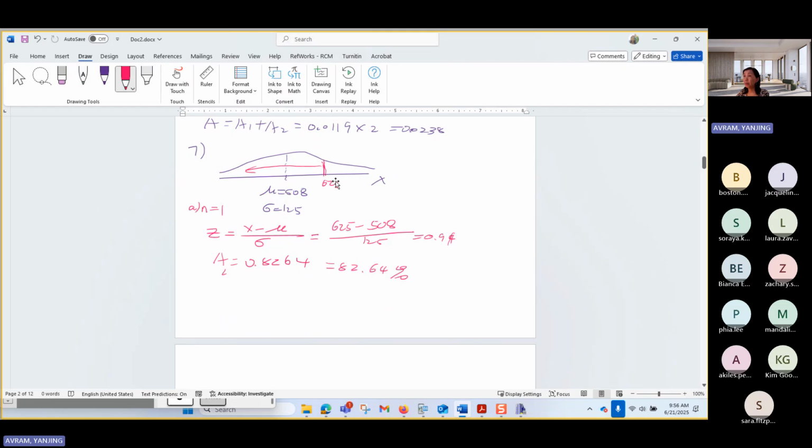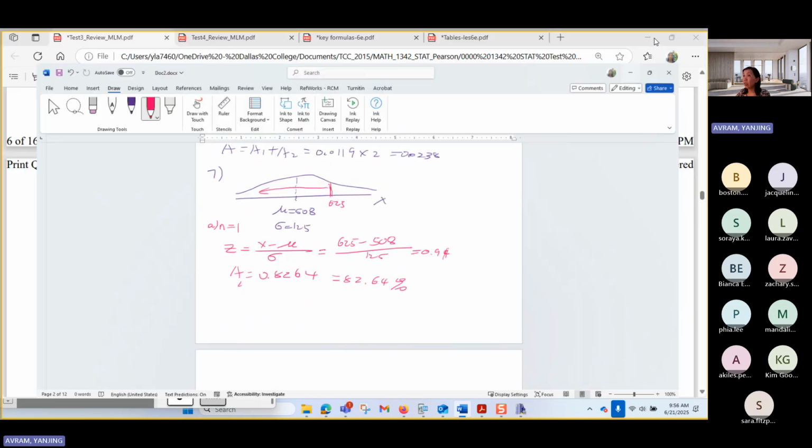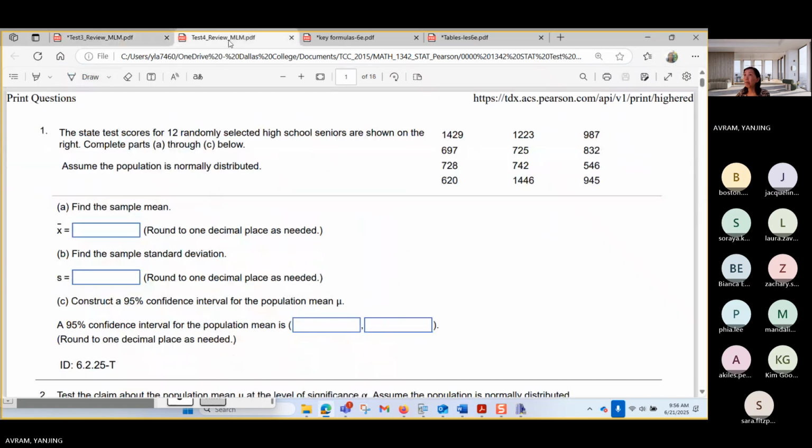If you test 630, which is above 625, anything above 625, you are in the top 17 percent or so. That is how you can calculate this one right here.